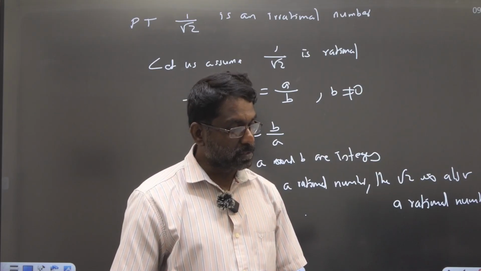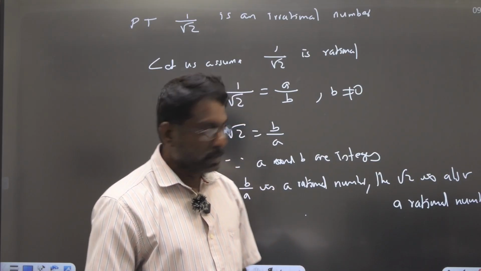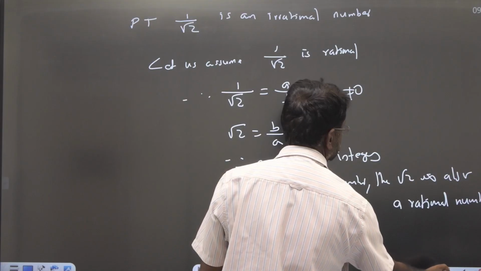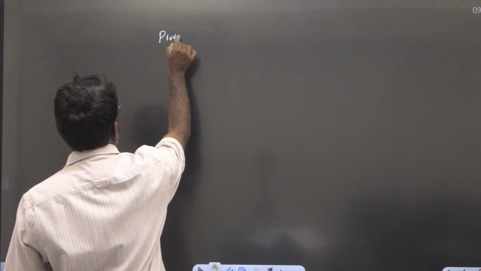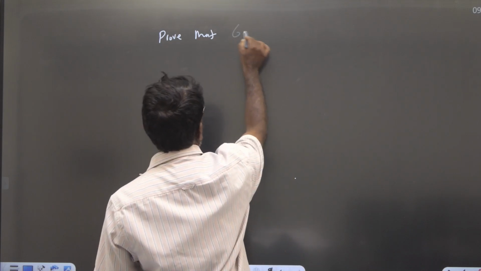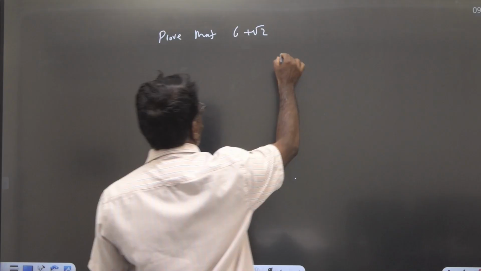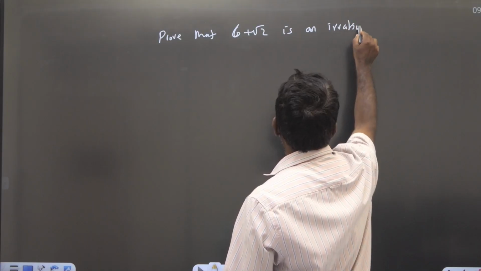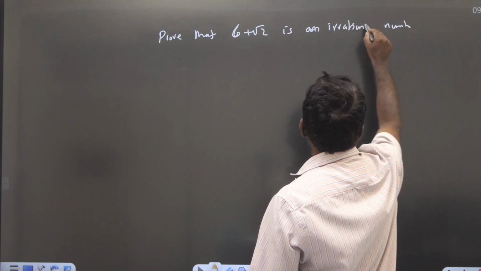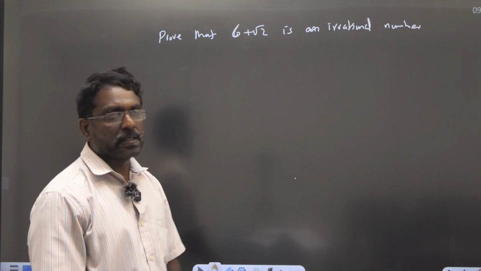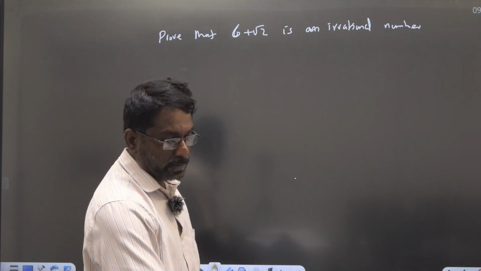And one more question. Prove that 6 plus root 2 is an irrational number.